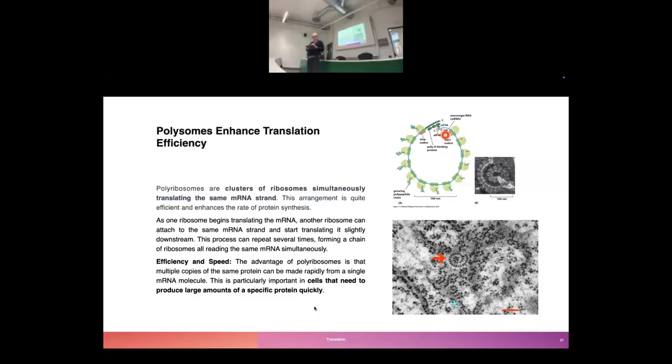So the first 5 prime is the cap, it's on that side. So here is the AUG, and at this point, the ribosome, the small subunit, attaches on the 5 prime, slides up to the AUG. At this point, the large one will sit on it, and we go ahead for elongation.